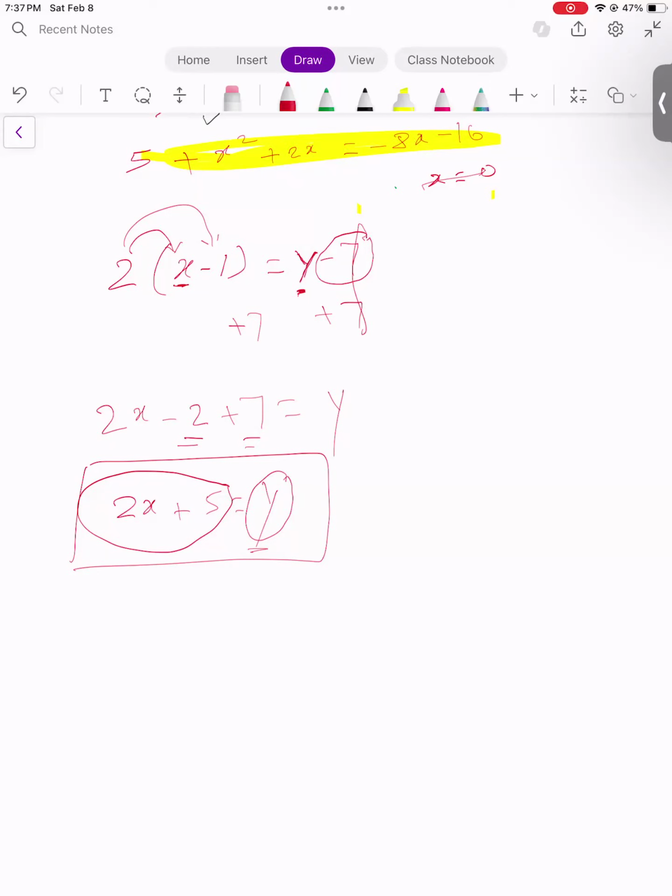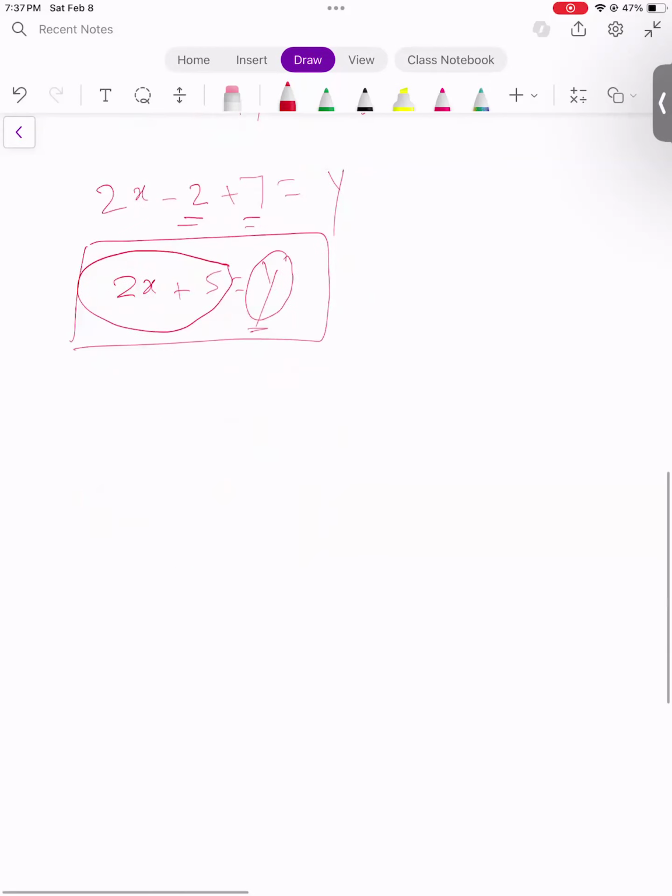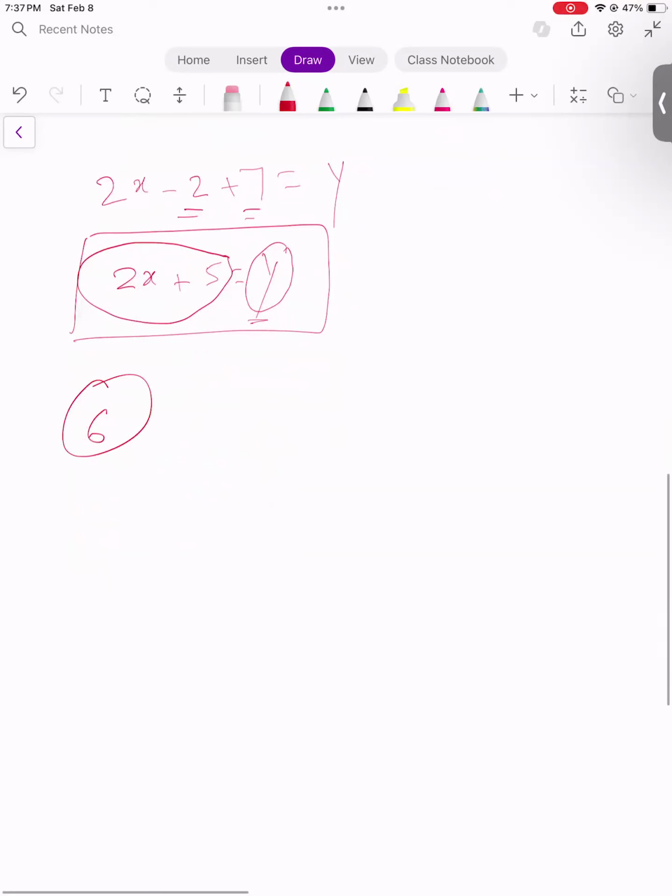Now let's go to number 6 if we don't have any question. This is an application of the simple interest rate. A $2,800 loan is paid back in 3 years with simple interest.